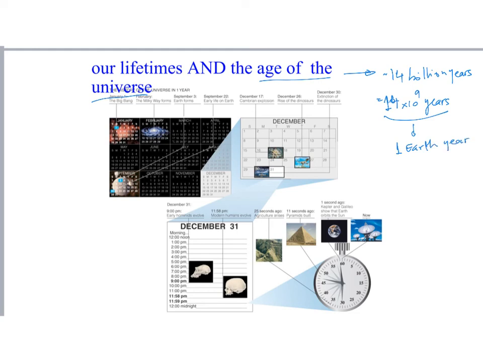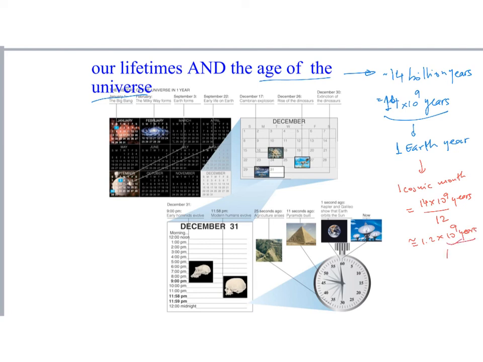So that means one cosmic month would be the equivalent of 14 times 10 to the 9 years divided by 12, right? So that is around 1.2 times 10 to the 9 years.